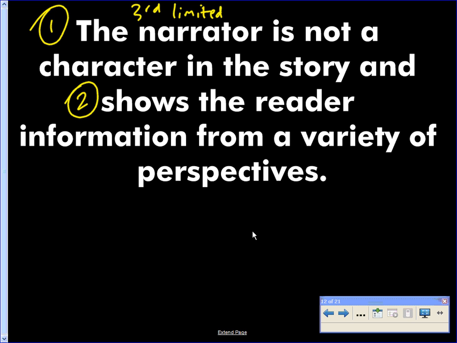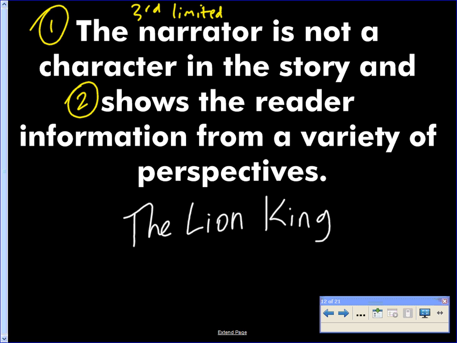For some reason, this is not as common in literature anthologies that I've experienced in high school and junior high. Those stories tend to like third limited or first person. But you have a really easy example to think about when you're considering the film The Lion King. If you're ever wondering how you could think about third omniscient perspective, you can think about that film, which captures experiences of a number of different characters, even if they're not at the same place at the same time.